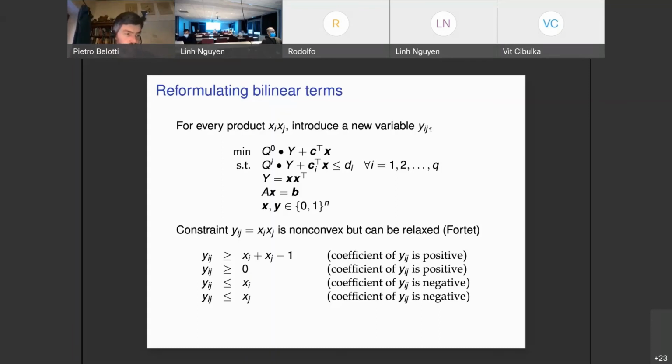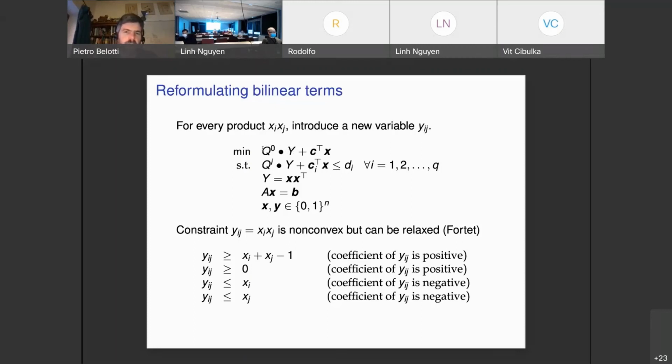What you use with this transformation or with this relaxation can be very different, but this is a sort of operation you do on the instance that can be done for multiple reasons. So if you introduce a variable yij now, you can rewrite the quadratic form x transpose Qx this way.